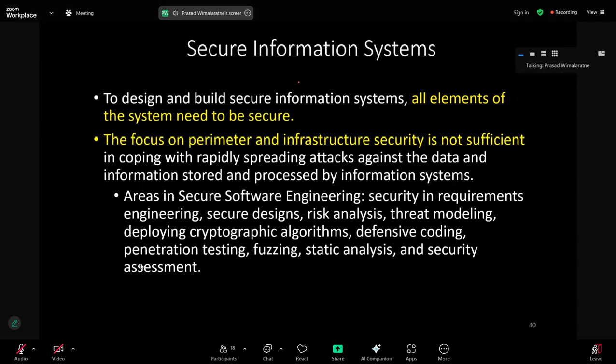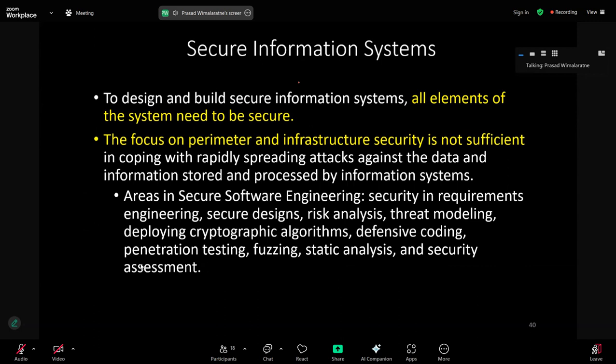Therefore, in this secure software engineering domain, the new domain we are referring to, as I showed you already, we do security activities in the requirements engineering process and the design process. We call them secure design, risk analysis and threat modeling. I showed you an example of threat modeling, and you will be using the Microsoft tool and the Threat Dragon tool to create threat models and learn how to do that in the practical, as well as deploying good crypto algorithms and doing defensive coding.